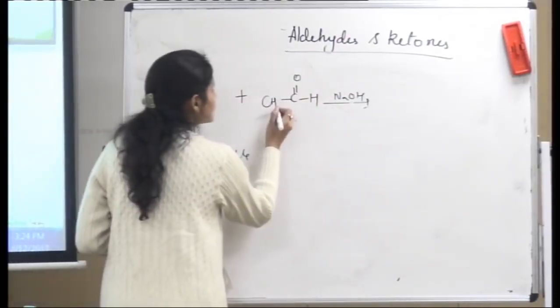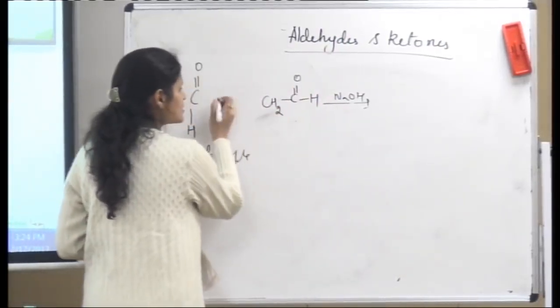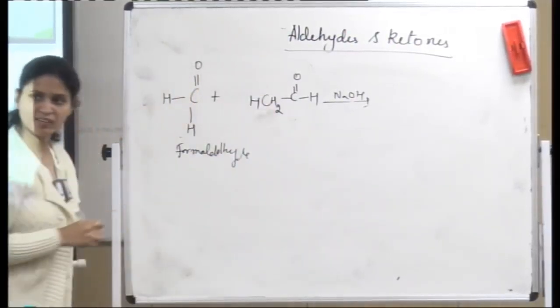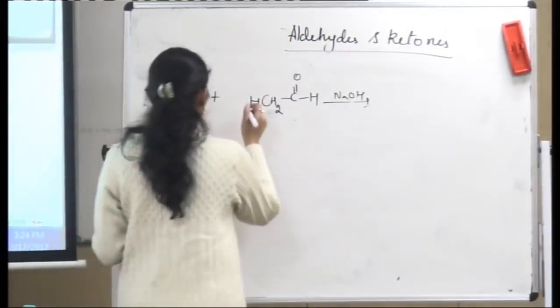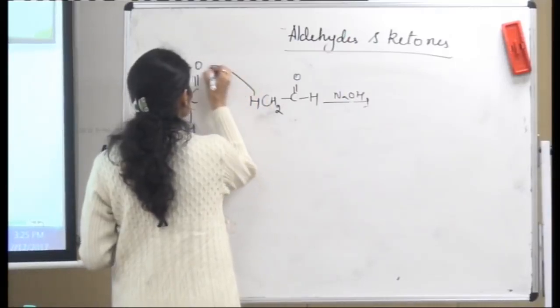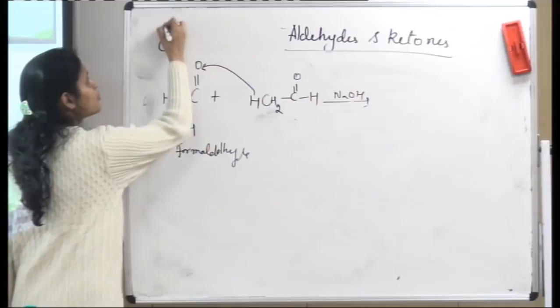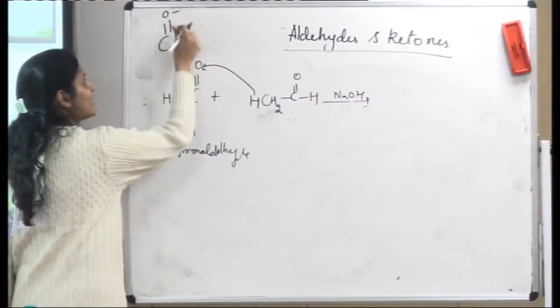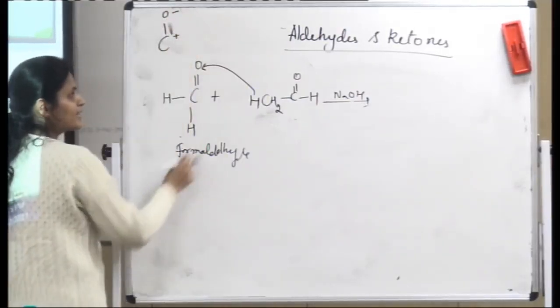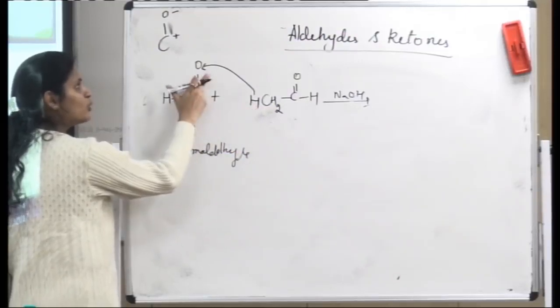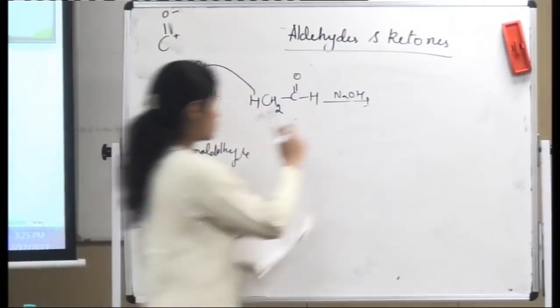I can write this as CH2H for my convenience for now, right? So what happens? This H goes to this oxygen, because we know the carbonyl group is polar in nature, that means it is O minus and this is C plus. That means ideally H plus should go to O minus, right? So what should be the product?